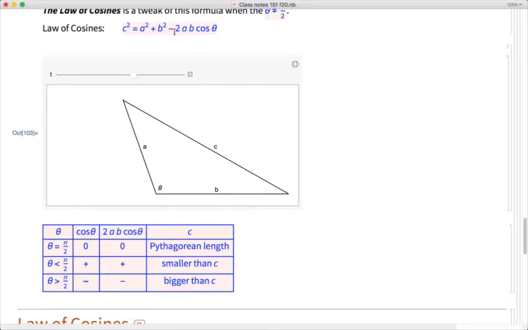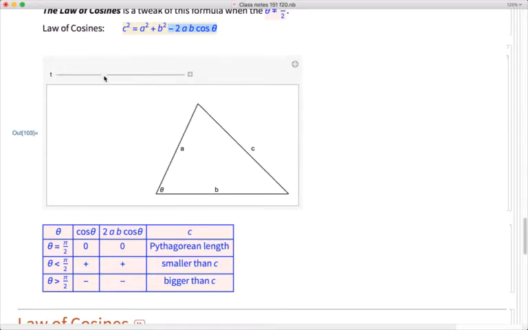If you look at the formula, we're subtracting off a negative, so in fact we will be adding a positive quantity. I'm sorry if the algebra got confused there, but that says that C will have to be a little bit longer than it was in the Pythagorean theorem, which looks right by the picture.